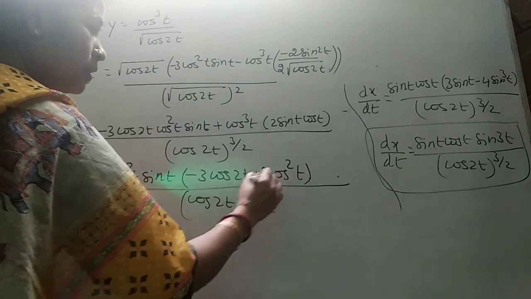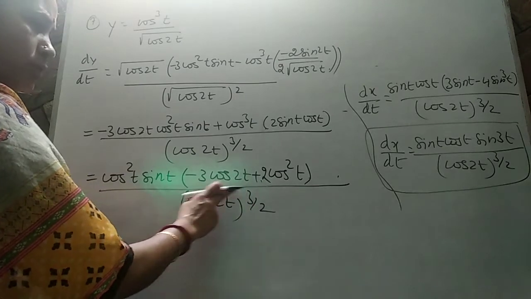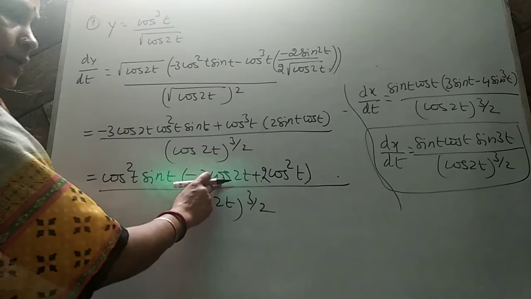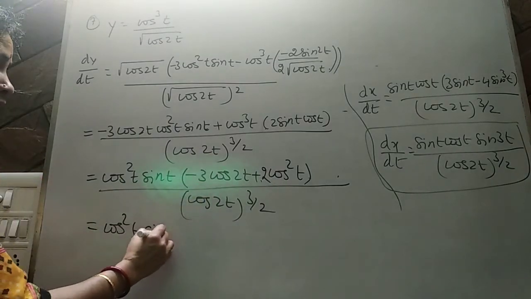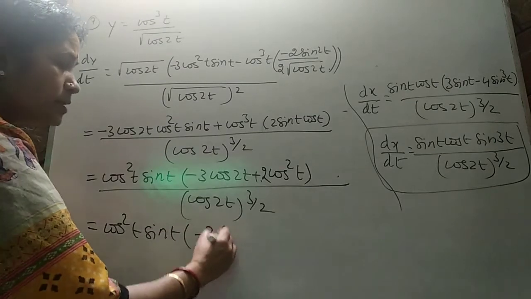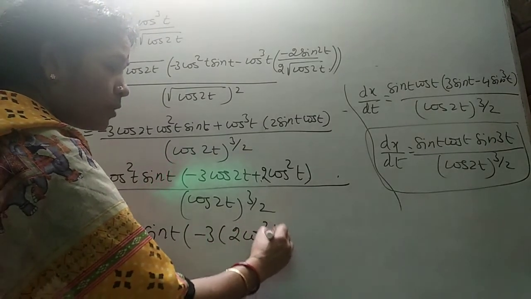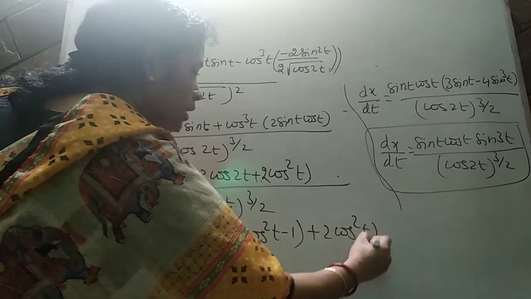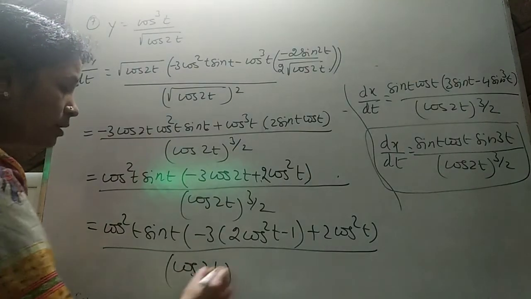Should not miss any term. Now see, cos square t, you can write in terms of cos square. So that is equal to cos square t into sin t. If I replace this cos 2t in terms of cos, it is 2 cos square t minus 1. The formula is correct, 2 cos square t. The whole upon cos 2t whole power 3 by 2.